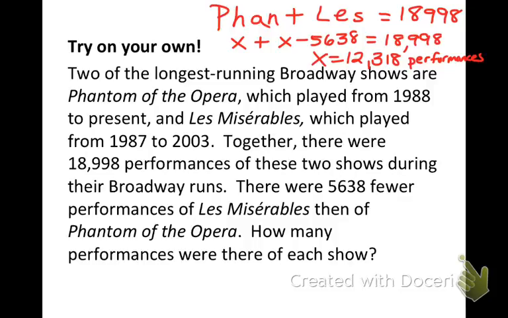How did you do that? I solved this equation for x, combined like terms. So x plus x would get you to 2x. Add the 5,638 over. And then what was Les Mis? 6,680? Yep. Good.